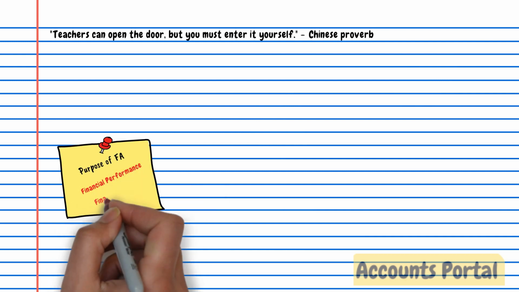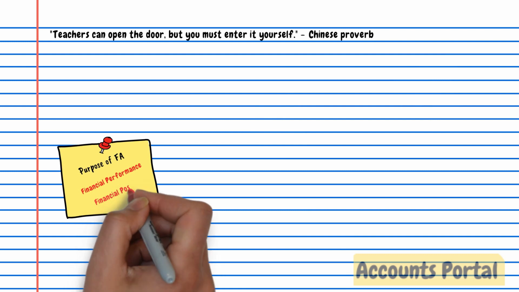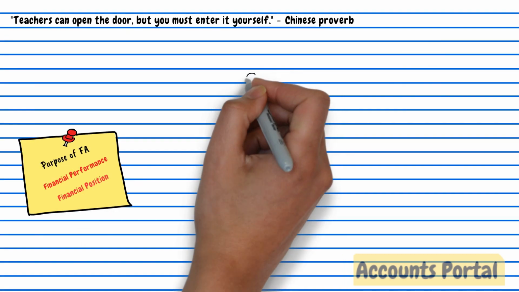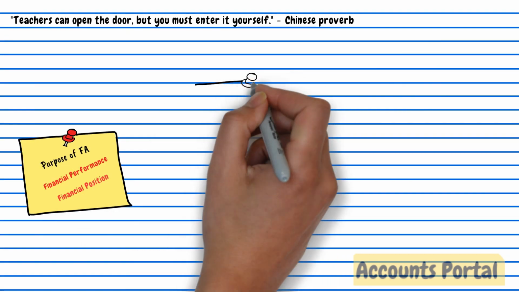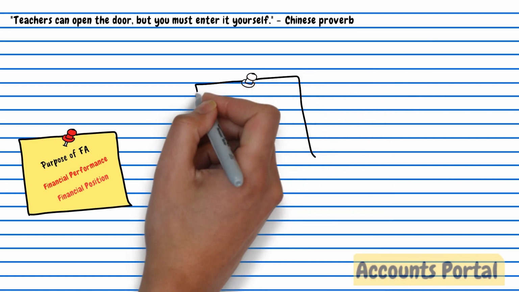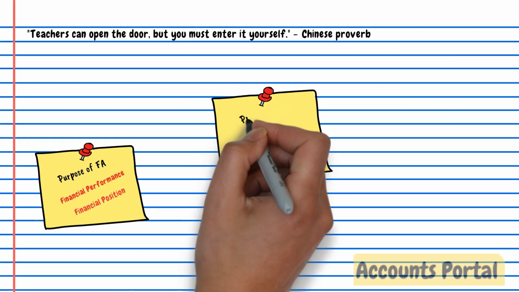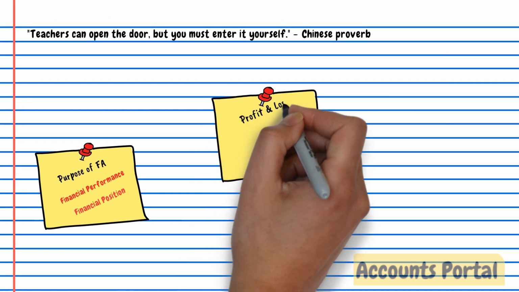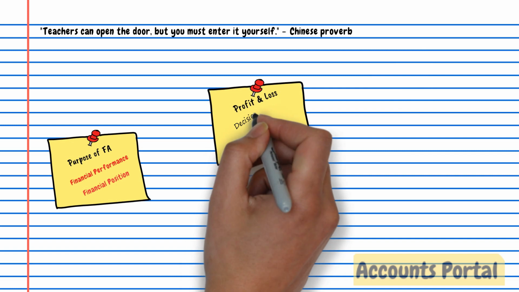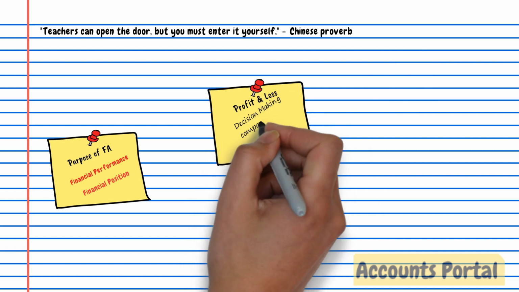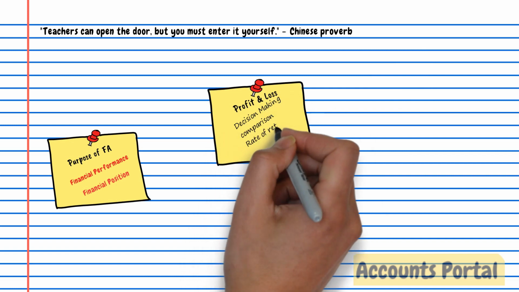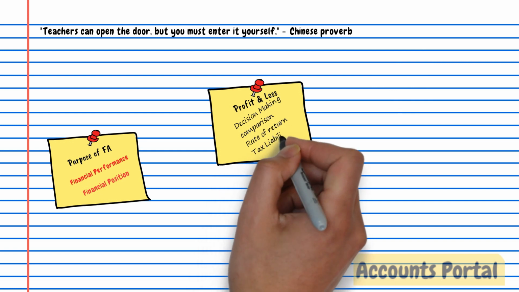Financial performance and financial position are not one and the same, both are different. Next one, financial performance. Why? What are the 4 main reasons? One is decision making, second one is comparison, third one is rate of return, fourth one is tax liability.